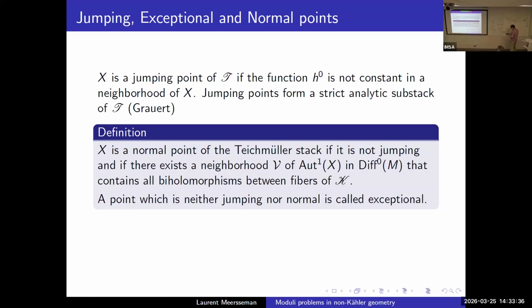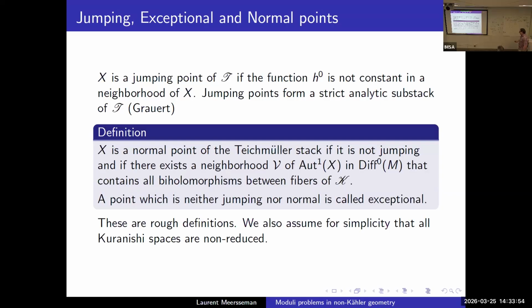So this is basically the notion of normal points, and a point which is neither jumping nor normal is exceptional. I didn't give the more technical real definition, but this is not very important.